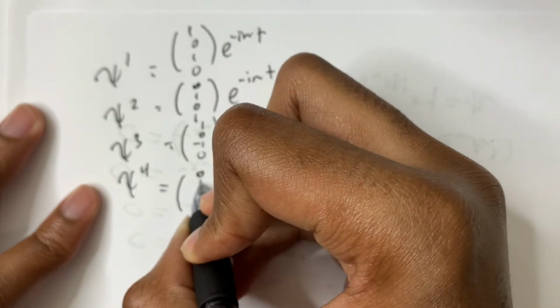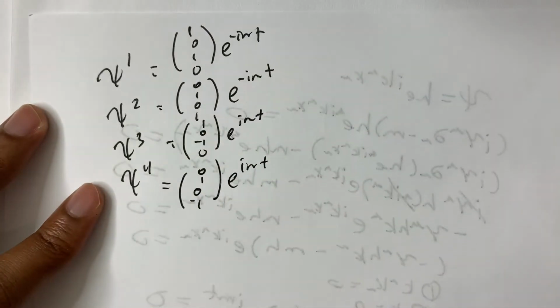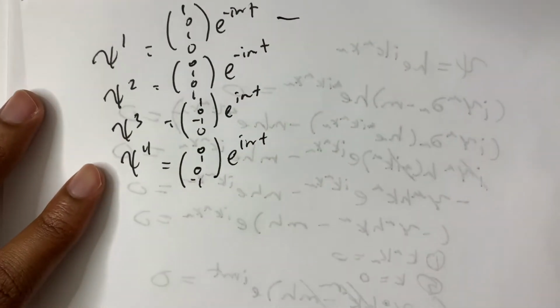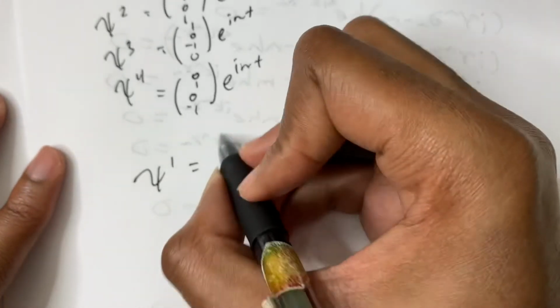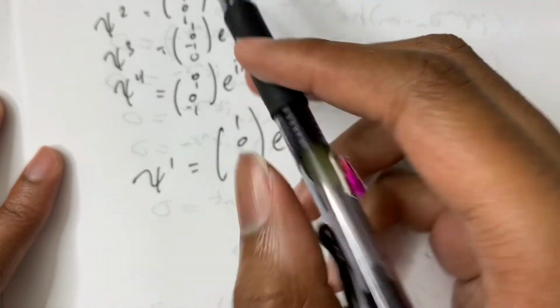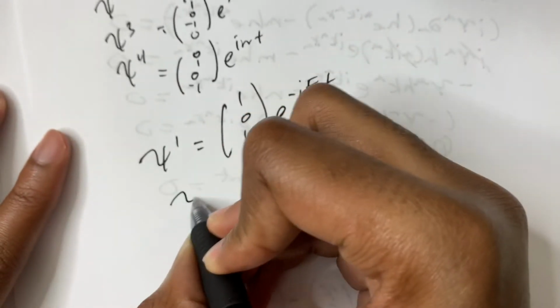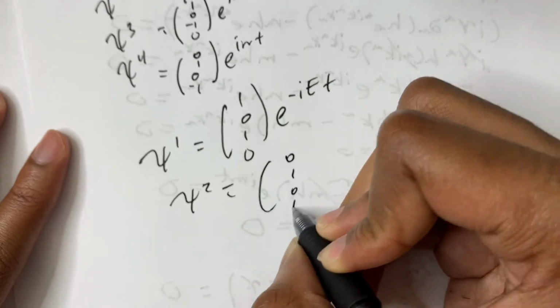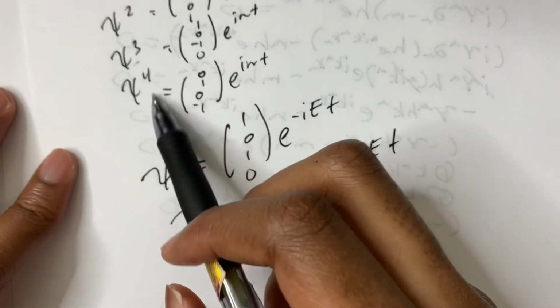Here we have (0, 1, 0, minus 1) e to the imt. But remember, we found out that E equals m for these two terms here, right? So e to the minus iEt. Psi 2 is (0, 1, 0, 1) e to the minus iEt. What about these terms? What are the energies for these terms?